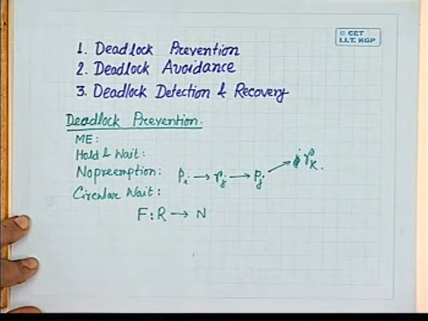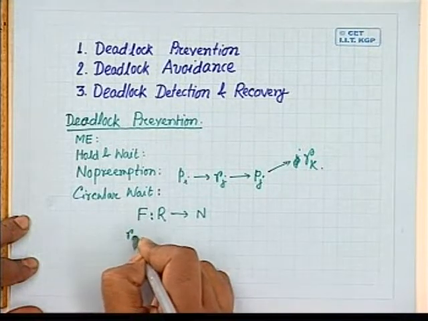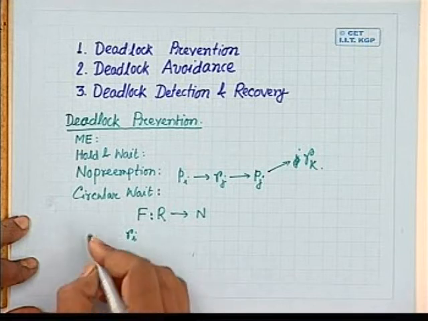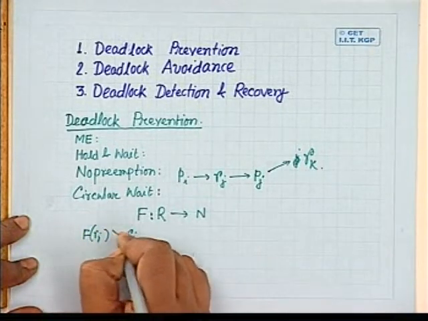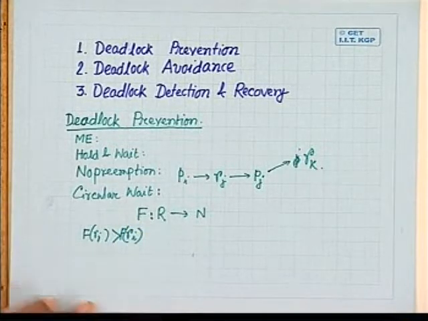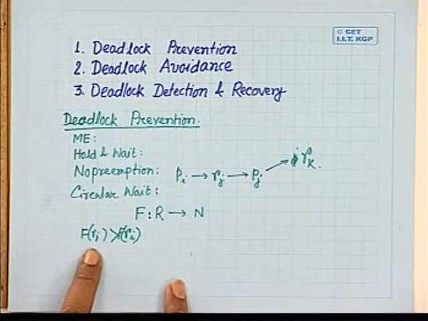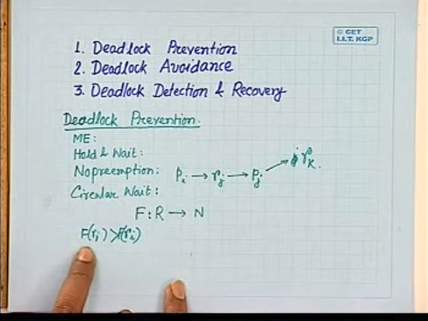Okay. Now we put a restriction that a process, while holding a resource type Ri, can put a request for another resource type Rj only when f of Rj is greater than f of Ri. So while holding resource type Ri, it can put a request for resource type Rj only when f of Rj is greater than f of Ri.